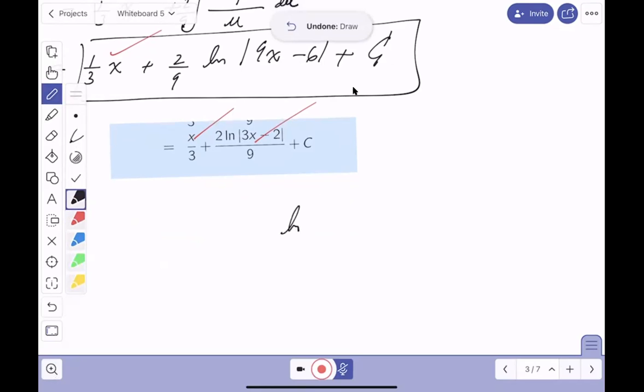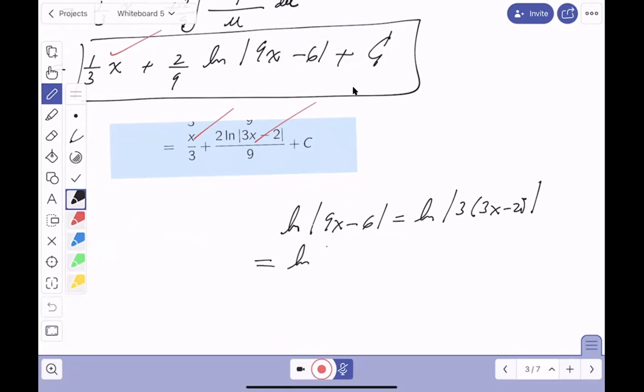The natural log of the absolute value of 9x minus 6 is actually the same thing as the natural log of the absolute value of 3 times 3x minus 2. And this could be written as the natural log of 3 plus the natural log of 3x minus 2. Basically what you learn in math, I guess that was 119.